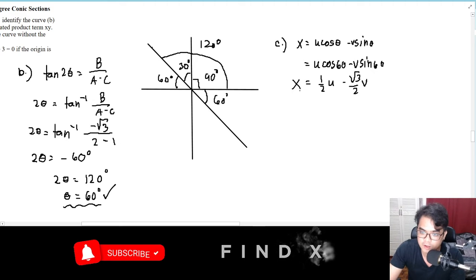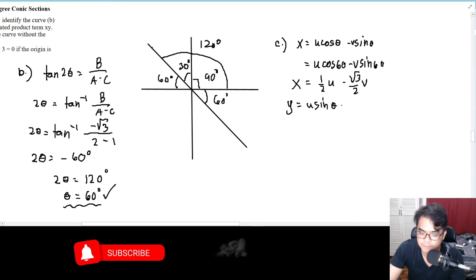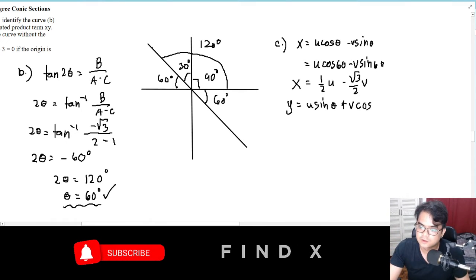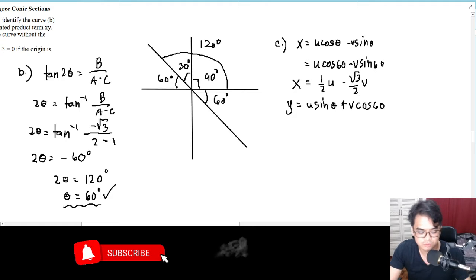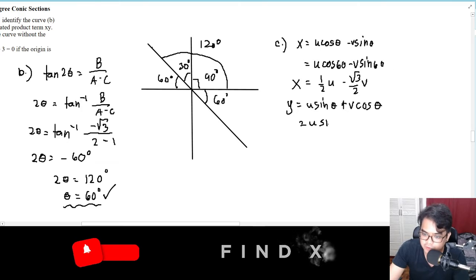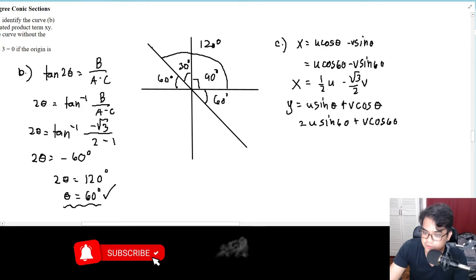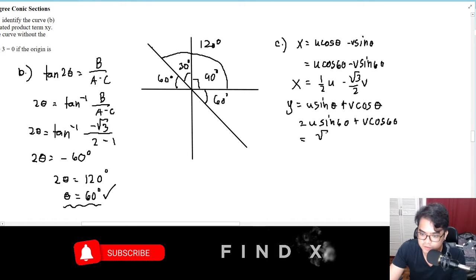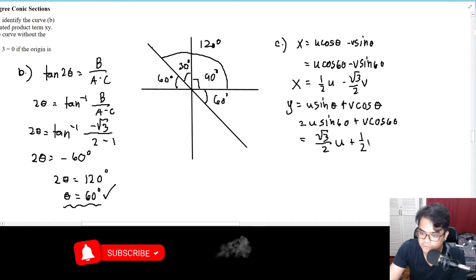This will be your x. How about for y? y will be u sine 60 plus v cosine 60, which gives square root of 3 over 2 u plus 1 half v.